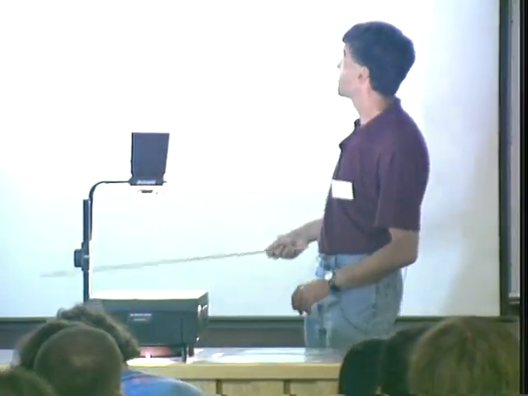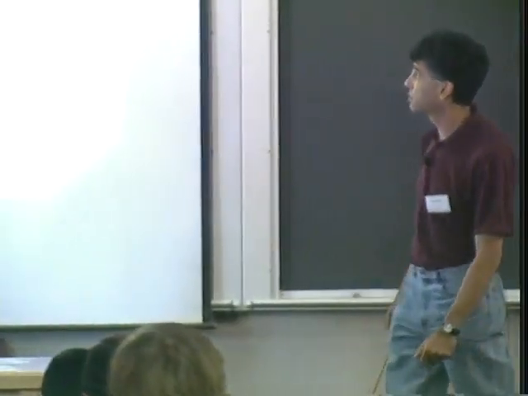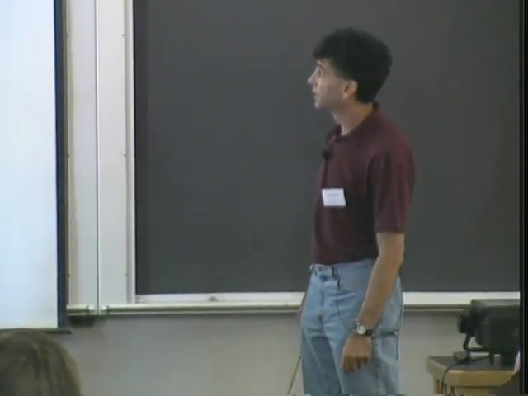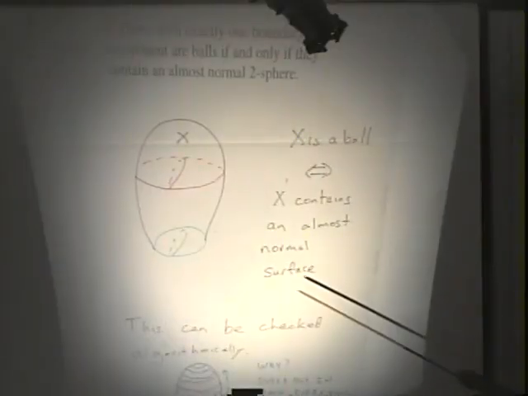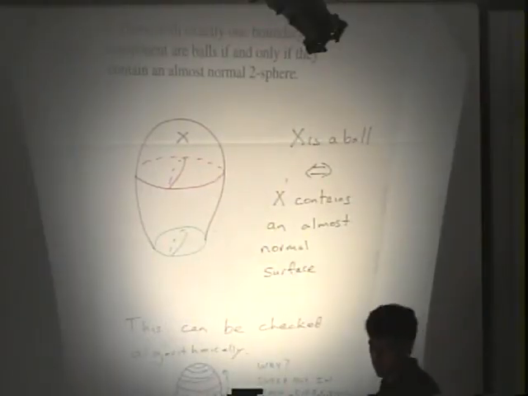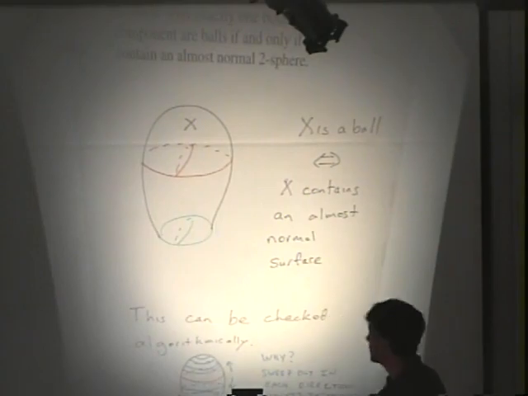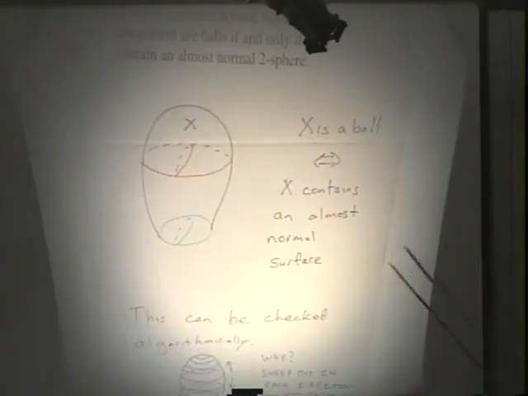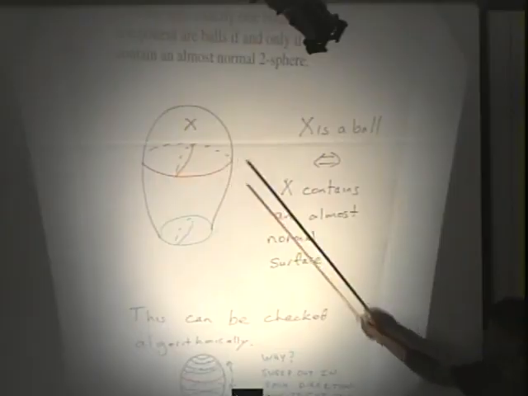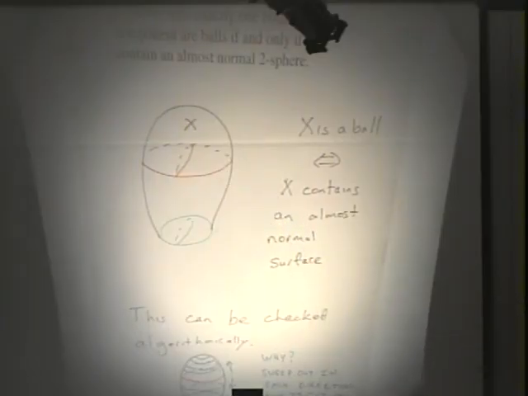And the other case is components with exactly one boundary component. And there again, we can show that it's a ball if and only if it contains an unstable minimal 2-sphere, which in this case is an almost normal 2-sphere, a 2-sphere with exactly one of those octagon pieces in it.